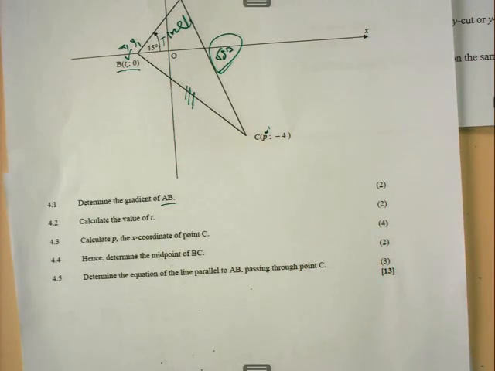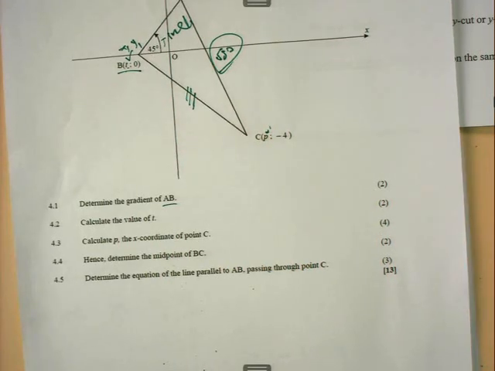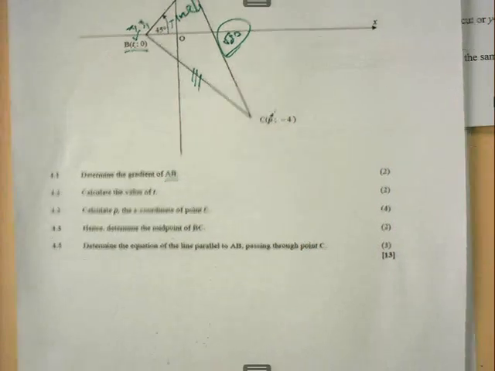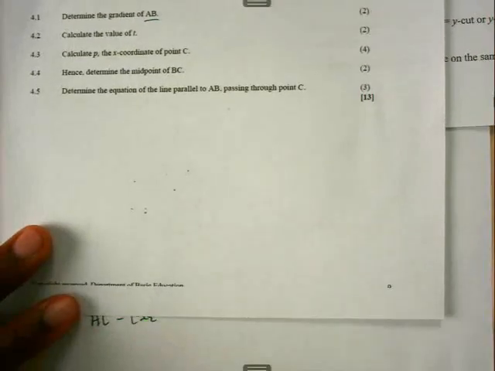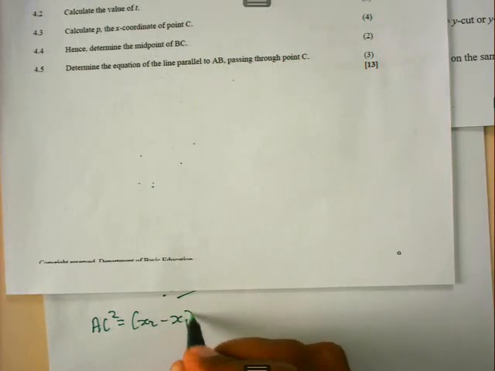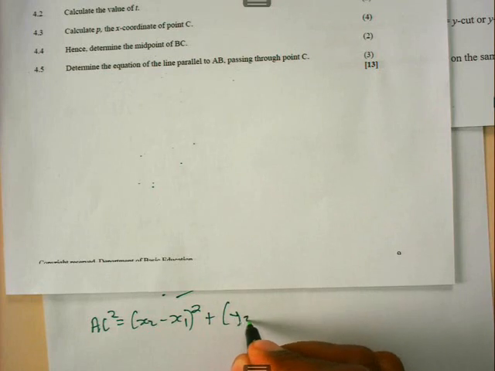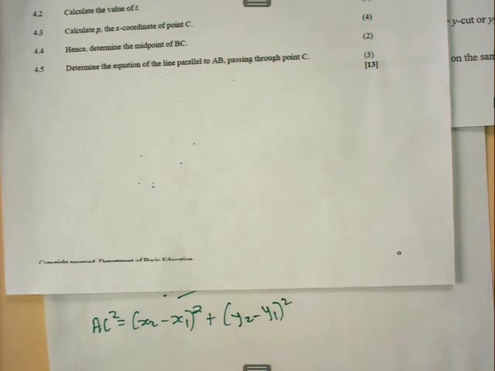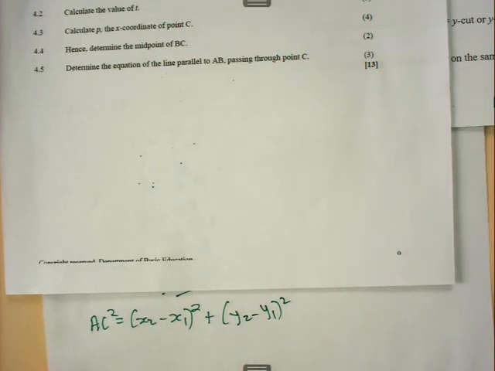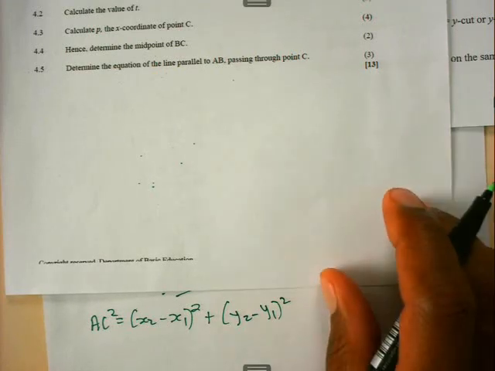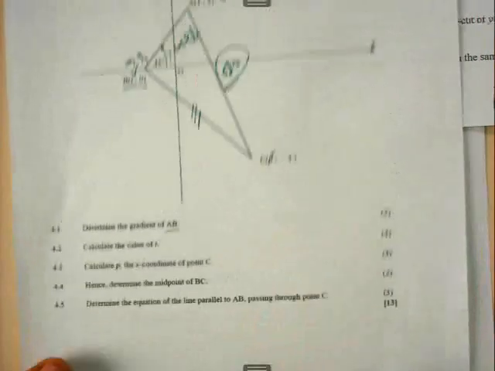Right. What is the distance formula? Remember, we have AC squared is equal to x2 minus x1 all squared plus y2 minus y1 all squared, right? And immediately from here, I substitute AC.